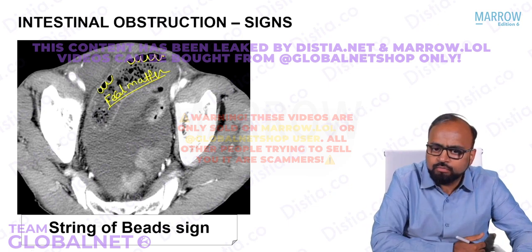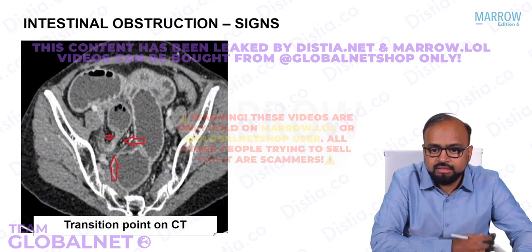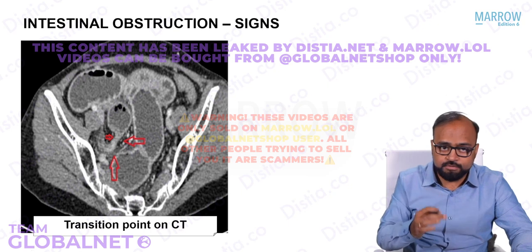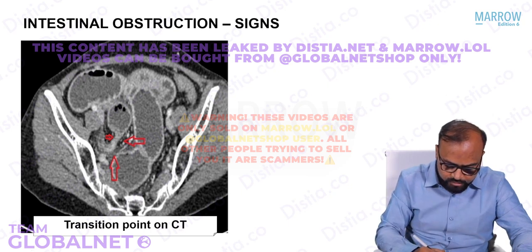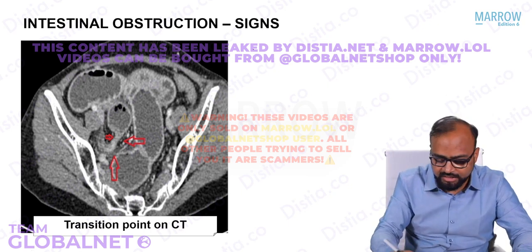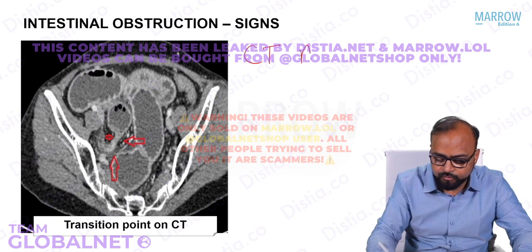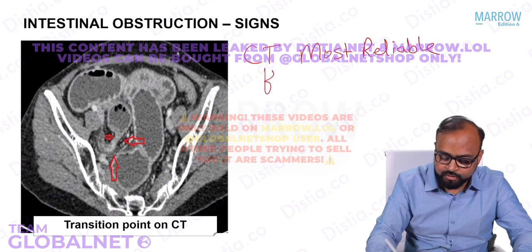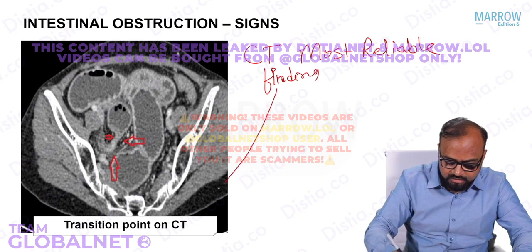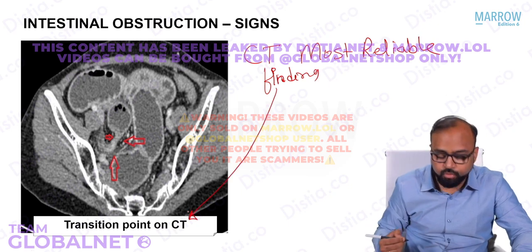Now the most reliable CT criterion of obstruction on a CT scan is called the transition point.